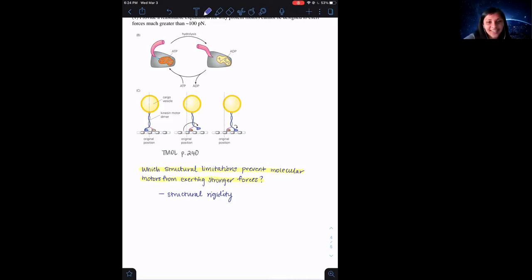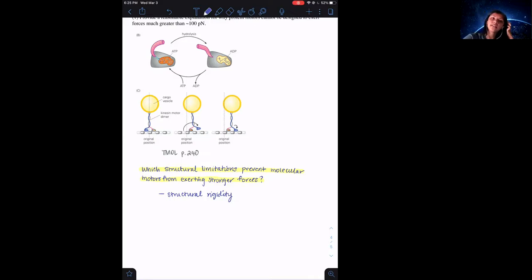Just a clarifying question. I don't know if I understood this correctly, but do you mean that if proteins were to exert a greater force, then the structural rigidity that's borne by the weaker forces gets disturbed?